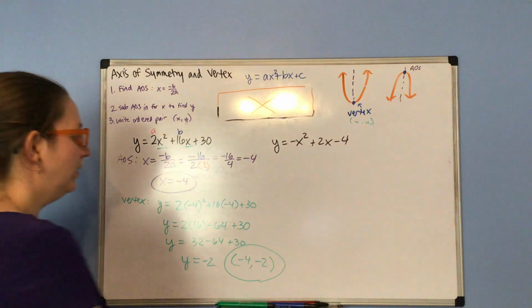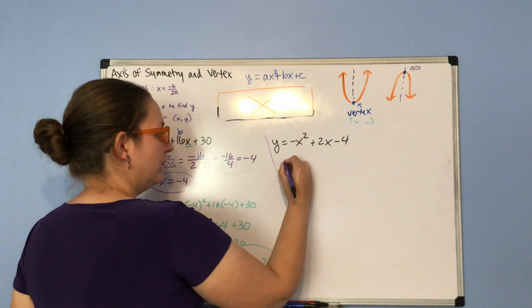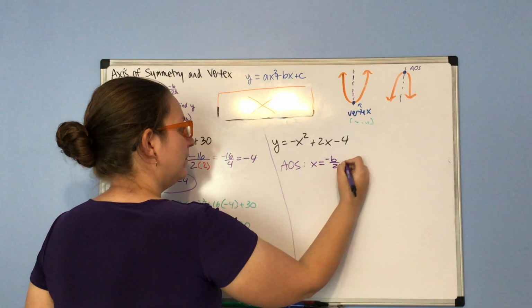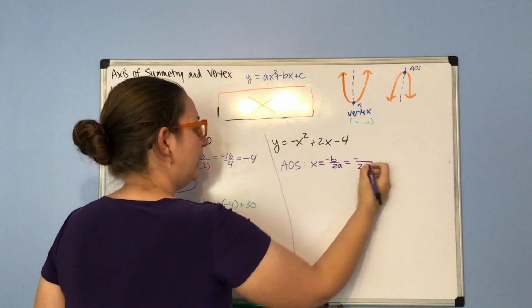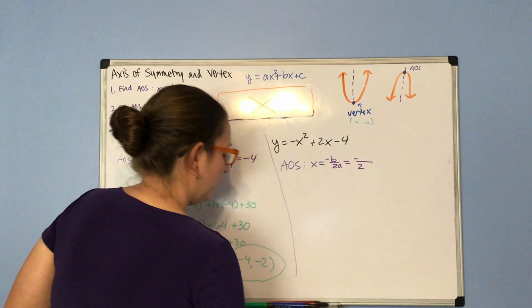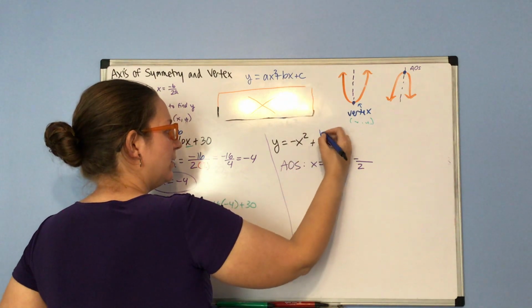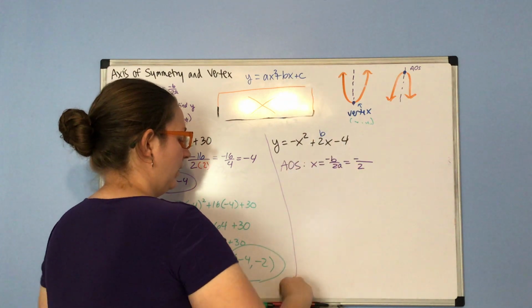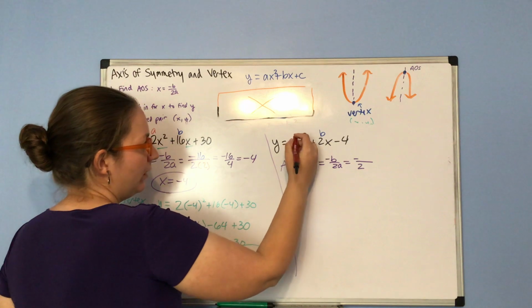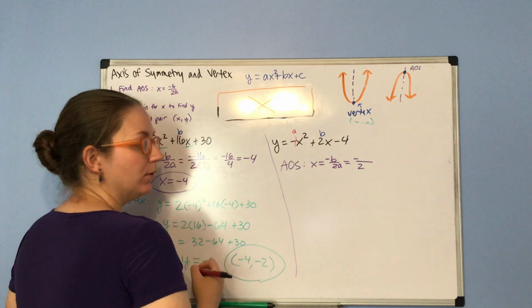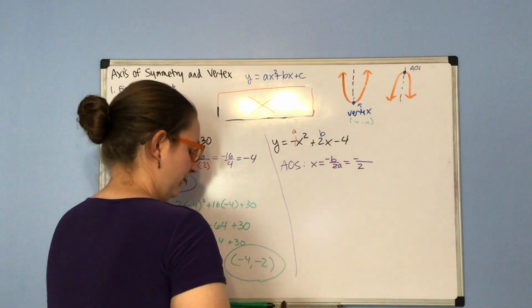All right, last one. Start with our AOS. I'm going to set myself up for that too. This time, b, the number in front of x, is 2. A, the number in front of x squared. Negative x squared is the same as negative 1x squared. So feel free to write in that 1 if that helps you.